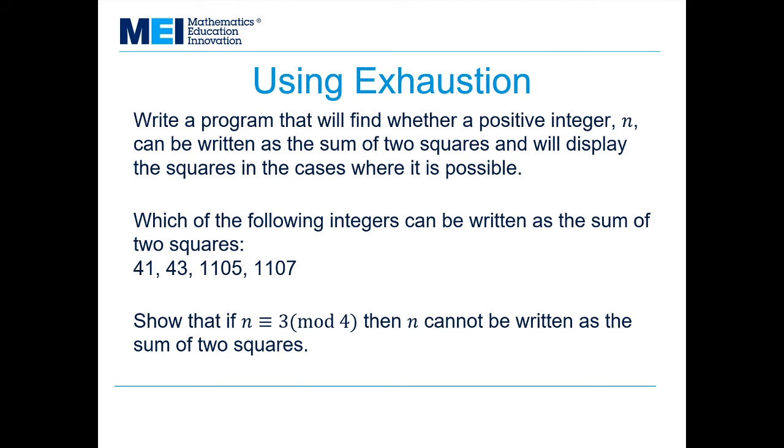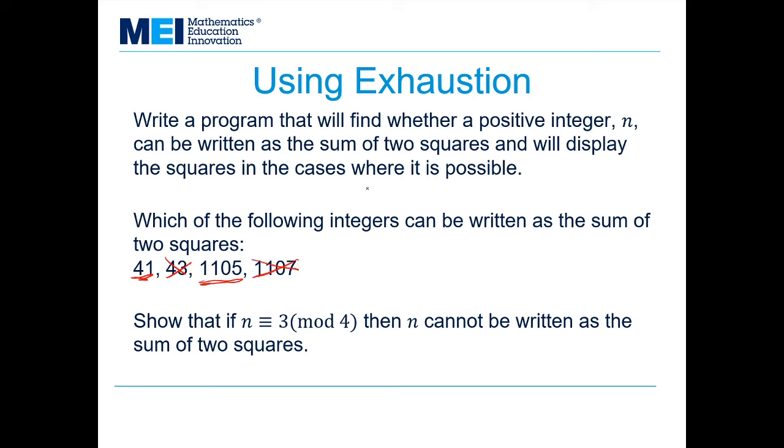So, in the answer to the second part of the question, which of the following integers can be written as the sum of two squares, we can see that 41 and 1105 could, but 43 and 1107 couldn't.